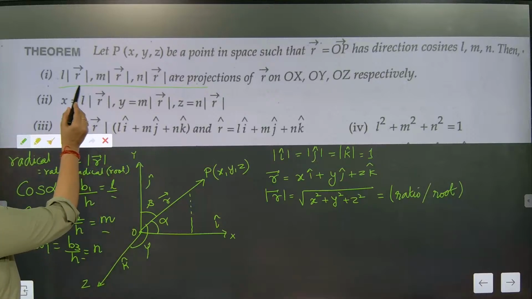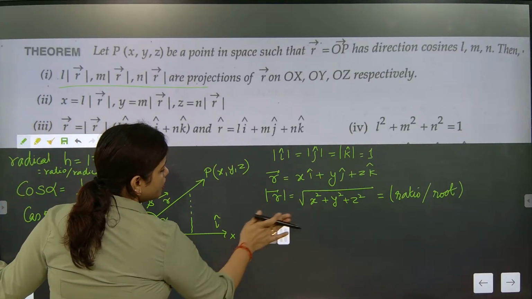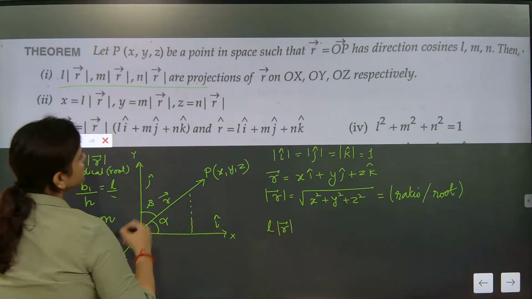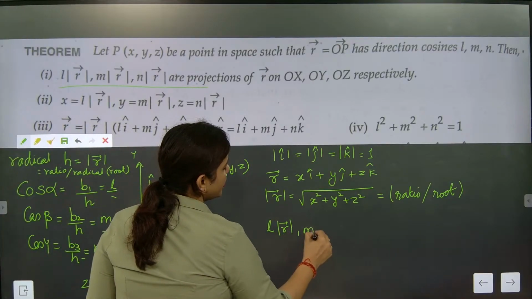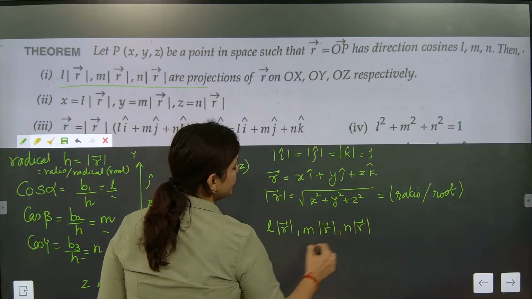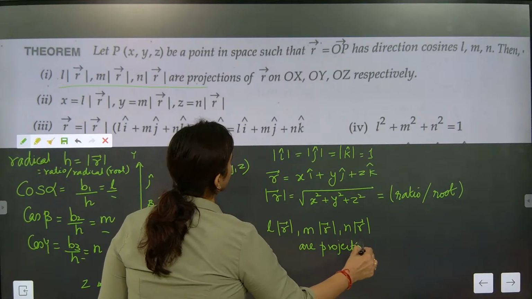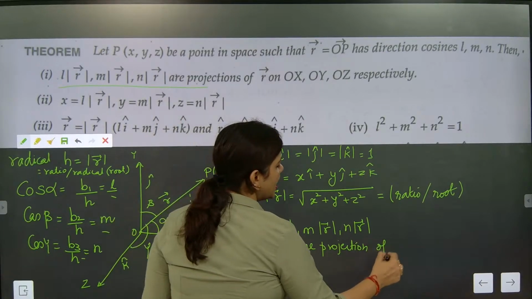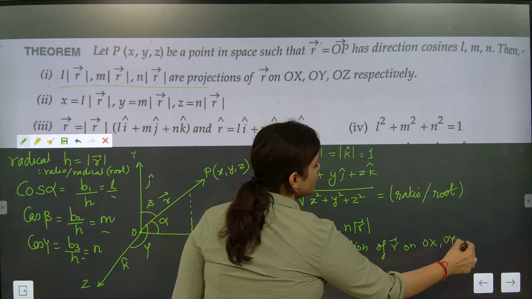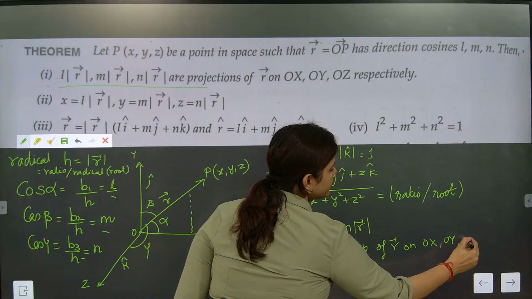Now I am going to first prove this one. Tanish, can you prove this one? L into R magnitude, M into R magnitude, N into R magnitude are the projections of R vector on OX, OY, OZ. How to prove it?